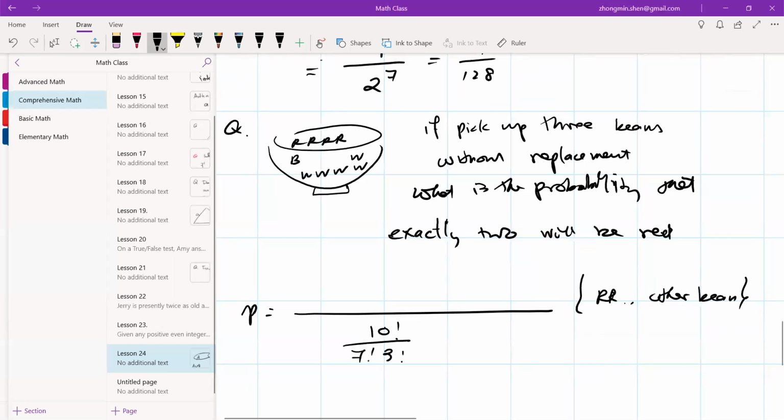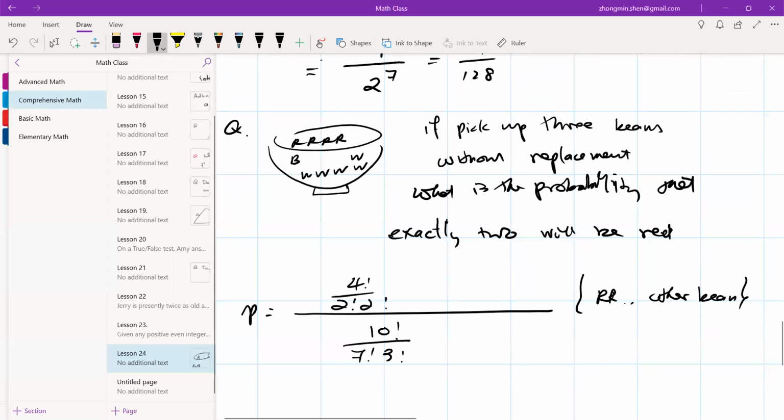So, in order to get the desired outcome, you will have to select 2 red beans first, out of 4.